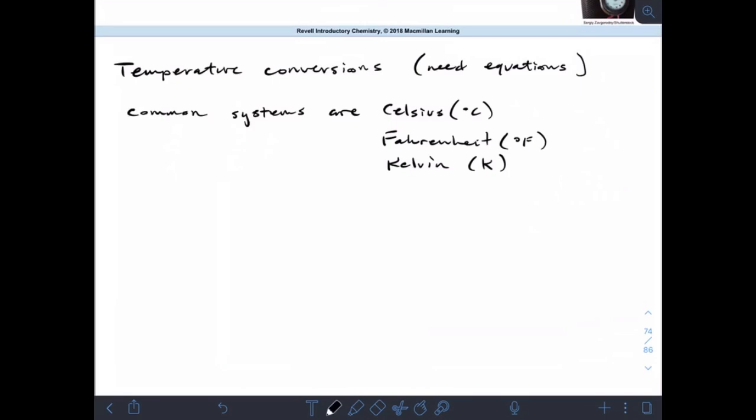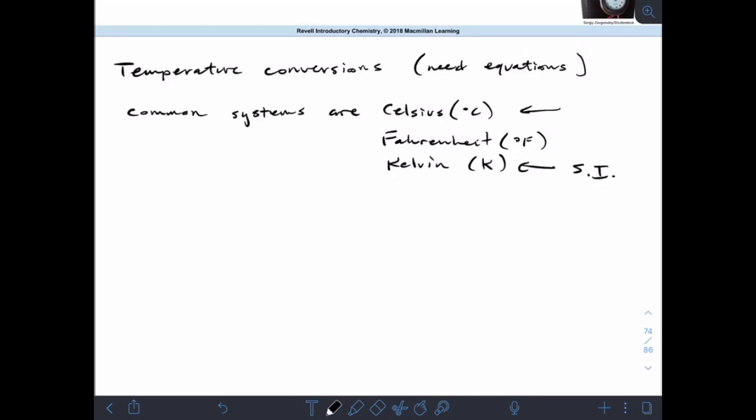In science, in chemistry especially, Celsius and Kelvin are the most common. And Kelvin happens to be the SI unit for temperature. I may or may not have mentioned this before, but SI units are the international standard.